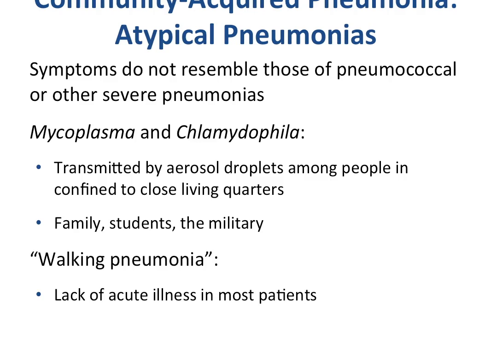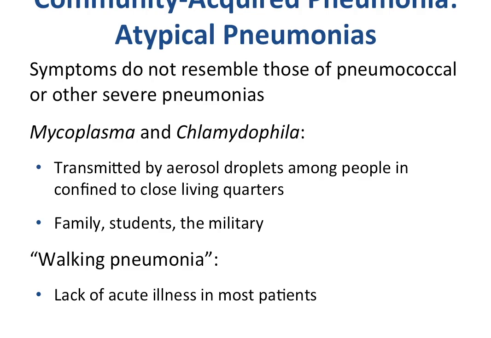Atypical pneumonia. That means the patient doesn't have the typical pneumonia symptoms. For example, the agents that cause it are mycoplasma and chlamydophila.